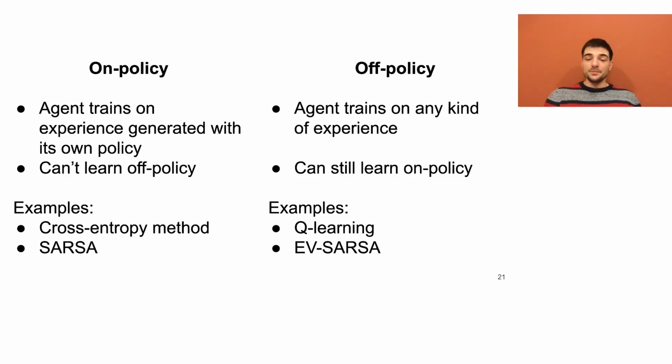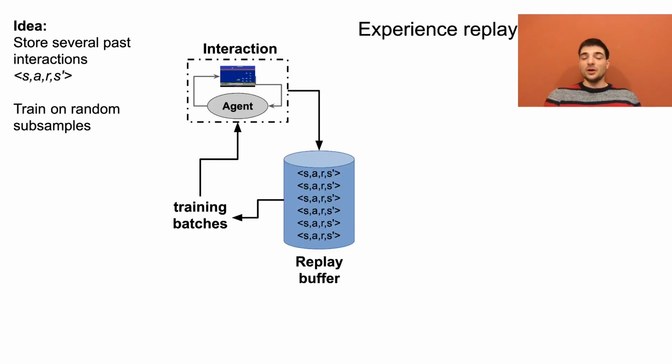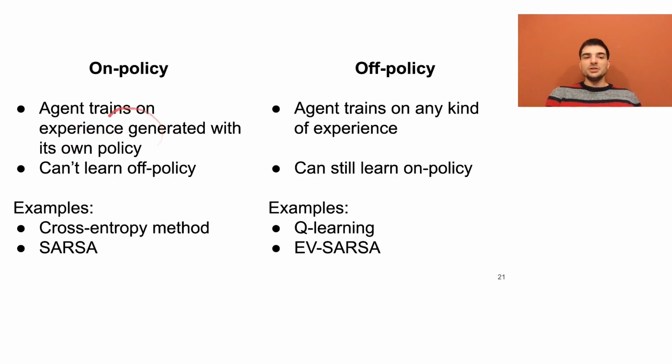Actually, that's a problem of on-policy algorithms because the agent trains on the experience it generated by itself, so our training samples are actually conditioned on the policy. And the policy is actually conditioned on the training samples once again. So we have some positive feedback loop in here, a loop of interactions.